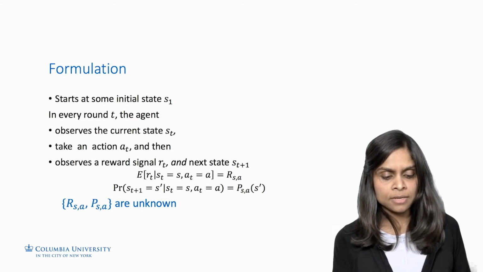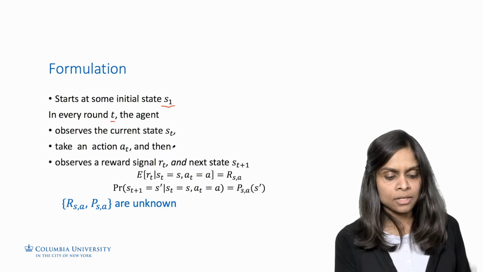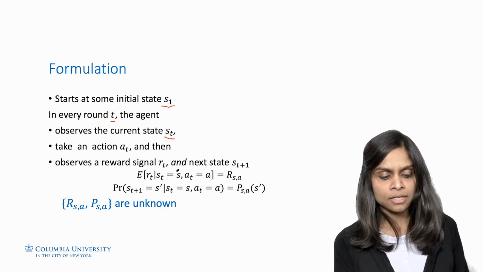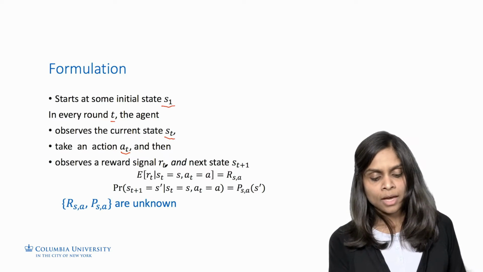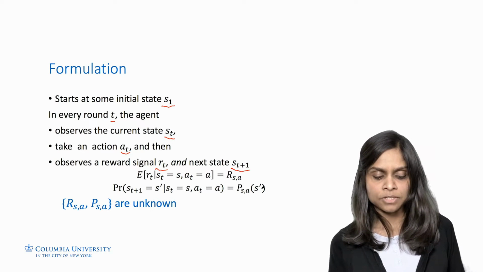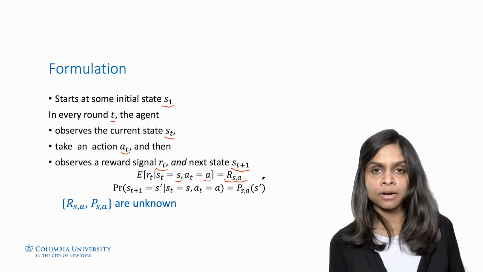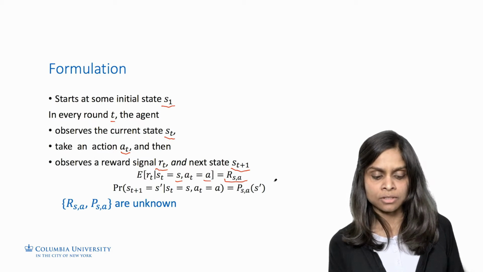The agent starts at some initial state S1. Then in every round T, the agent observes the current state, takes some action AT from the action space, and then observes a reward RT and the next state ST plus 1. As before, the reward distribution is fixed by the state and the action, and its expected value is given by some fixed number RSA for every state and action.